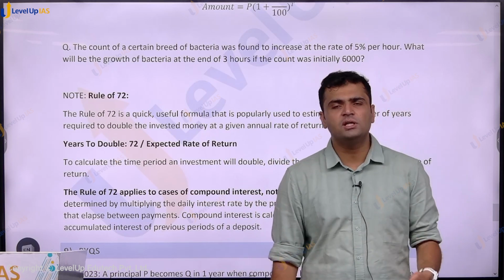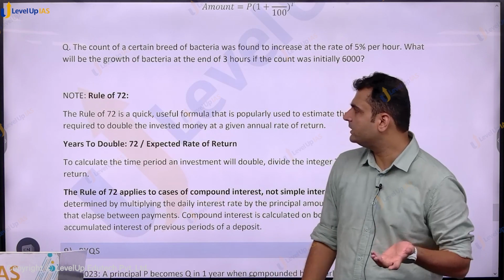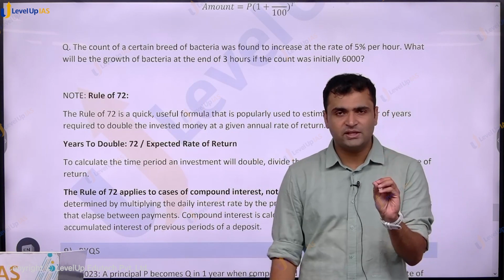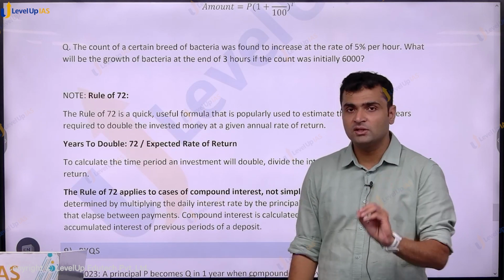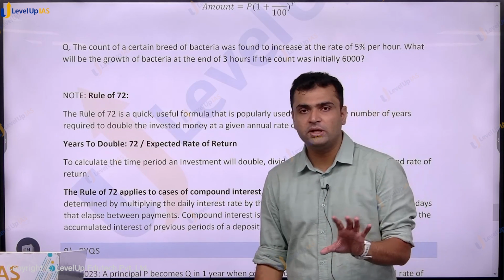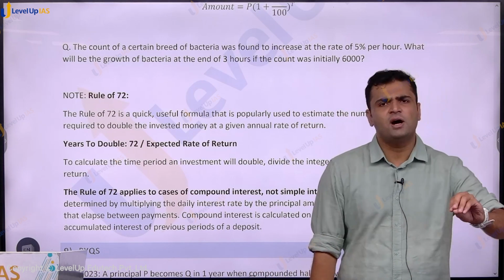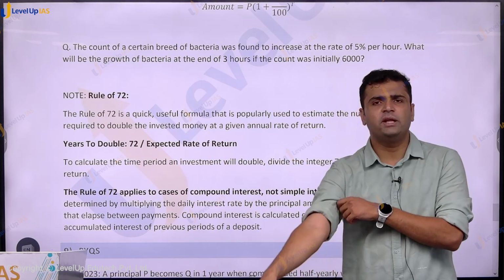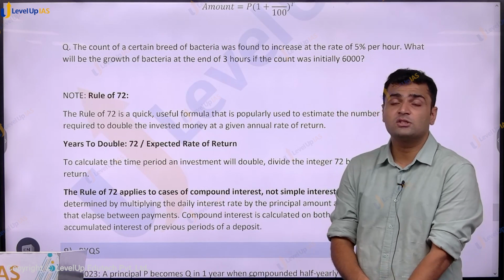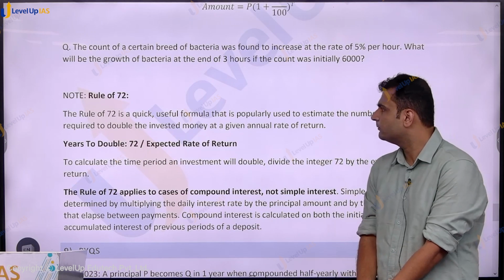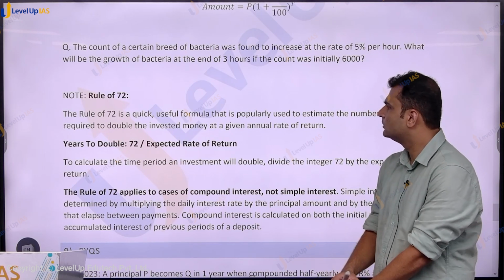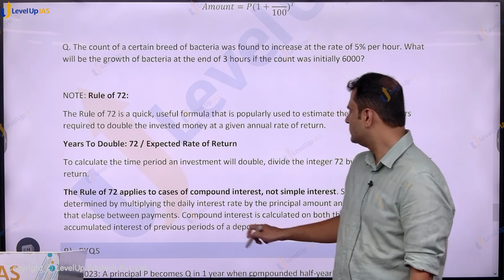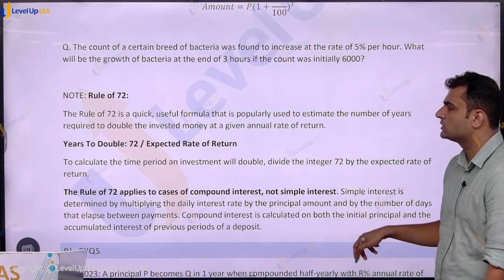After 7.2 years, your amount will double. Fine. It is a quick rough test. It is not precise. It is roughly how much time you will take. If the options are far enough apart, you can immediately gauge how much time it will take for your money to double in case of compound interest, not simple interest.